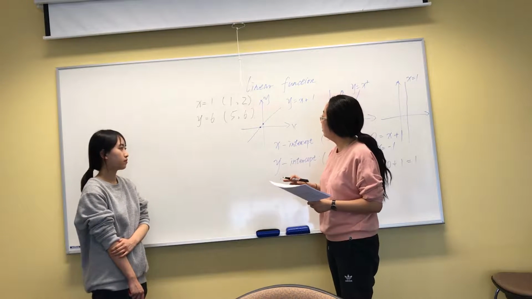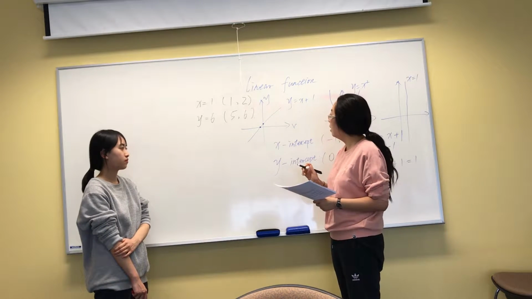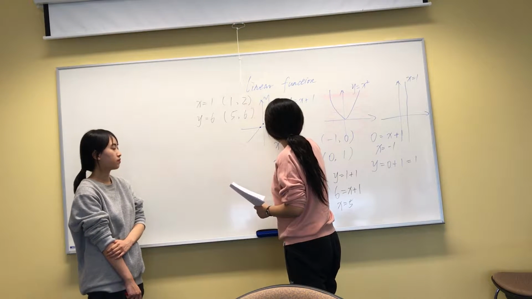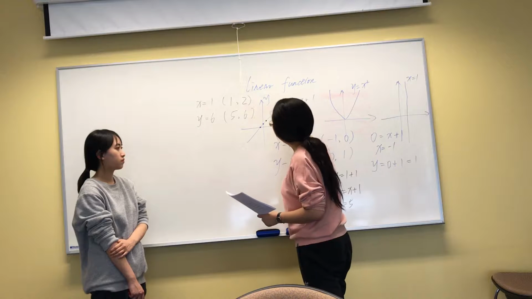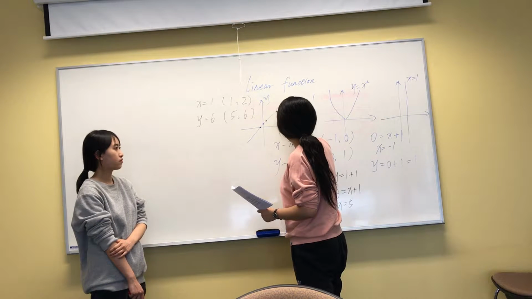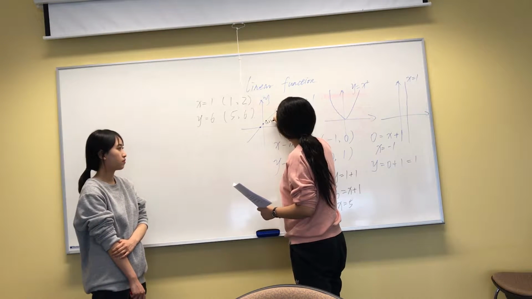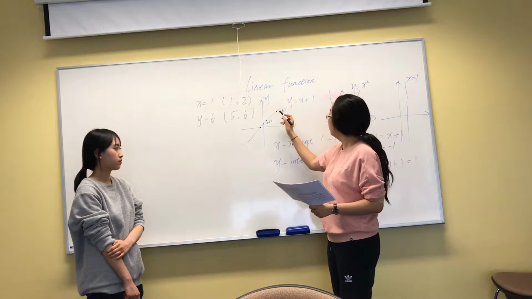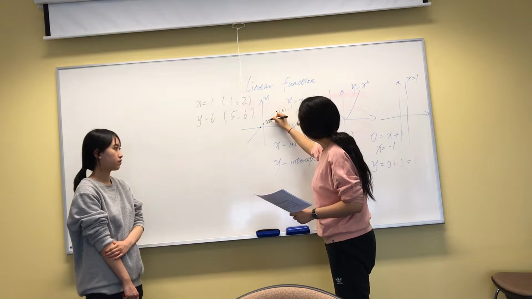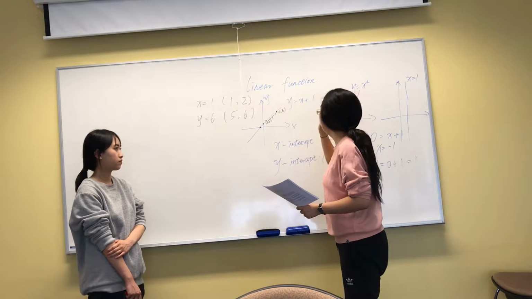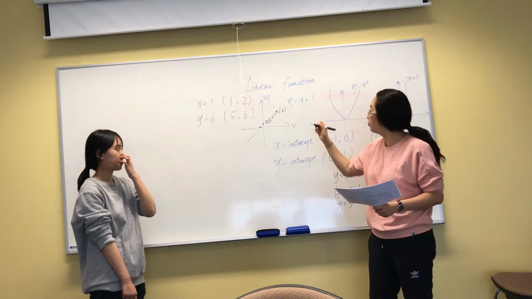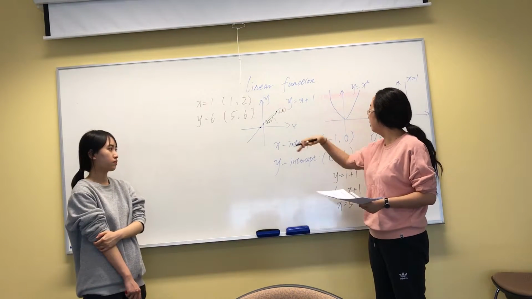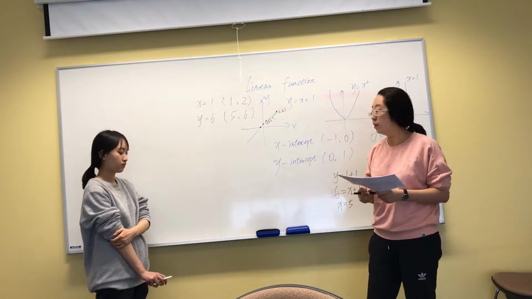Since all of you have got that, we can move on to our next concept, which is the distance between two particular points. Let's say the point 1, 2 is roughly here, and the point 5, 6 is roughly here. If we want to know the length of the distance between these two points, how do we find it?